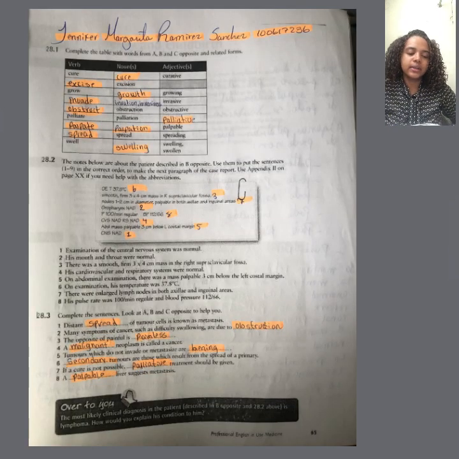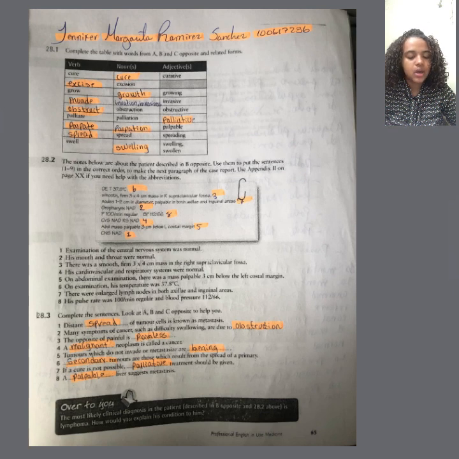Chapter 28. Complete the table with words from A, B, and C opposite in the related form. Verb, noun, adjective. Cure, cured. Examine. Excision. Grow, growth, growing. Invasion.